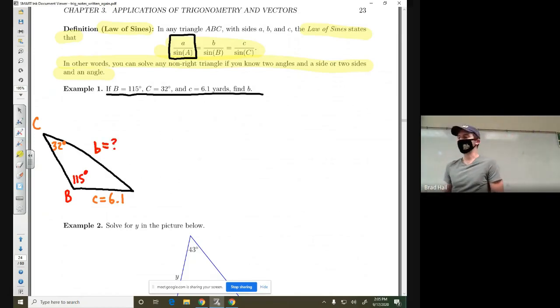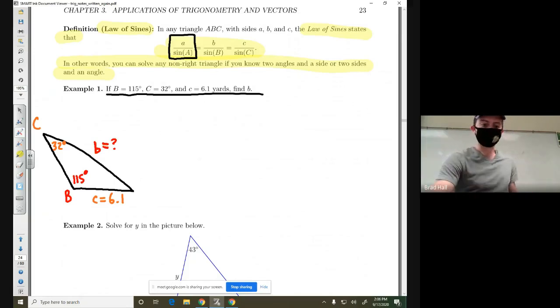Notice how I'm putting those across from their corresponding angle values. The letters do matter here in terms of positioning. We have to put capital B and lowercase b across from one another, and same with C's. Those variable usages tell us the positioning of everything. We're looking for lowercase b.